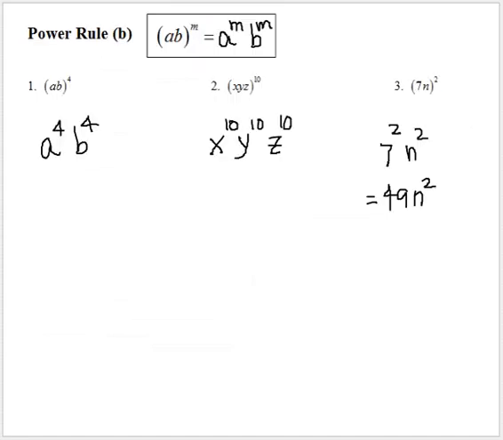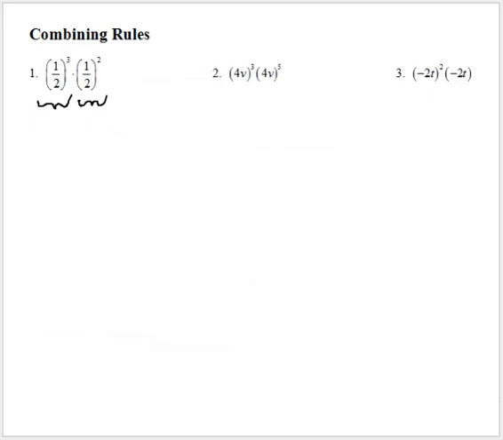So let's go back to the one we were doing. Here we still have to apply a to the power of m times a to the power of n, and we keep the base a and we add the exponents. The only difference here is your a is a fraction. A could be any number.